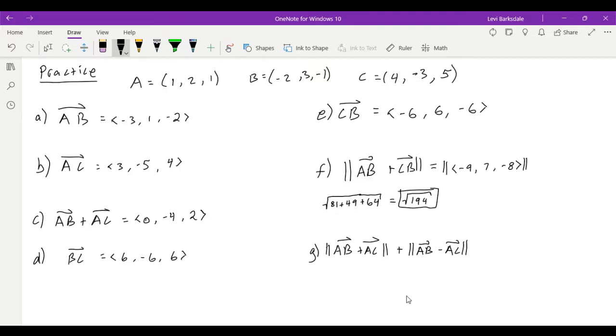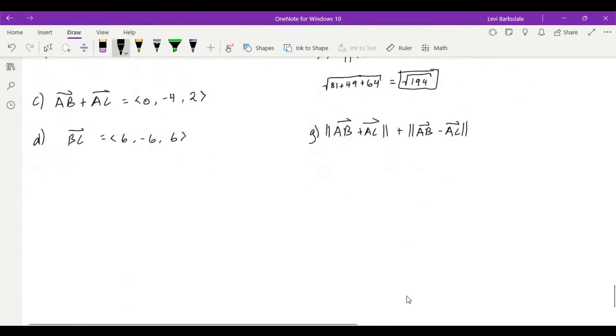The square root of 194 possibly can be simplified, but that's a good enough answer for now.